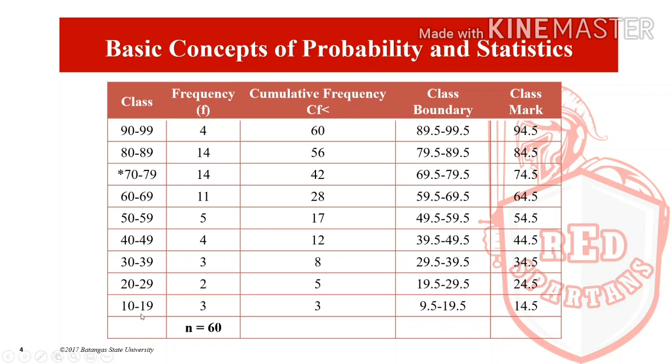Sa 10 to 19, meaning yung ating exact lower limit is 9.5. To determine the inclusive range for this data, ang gagawin lang natin is yung exact upper limit or 99.5 minus 9.5 or equal to 90. So 90 yung ating range for this grouped data.